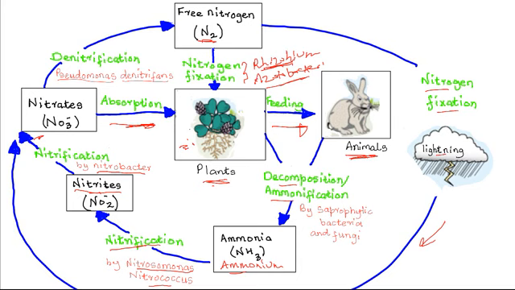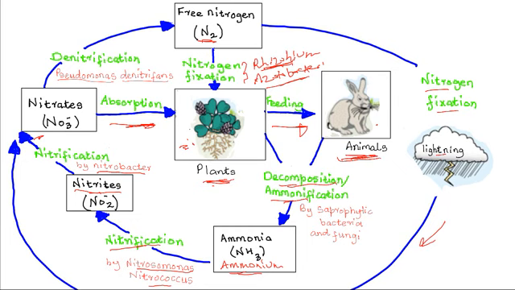These animals then use the amino acids to make their own proteins. Then both plants and animals, when they die, their proteins are decomposed through ammonification. The ammonia forms ammonium compounds, and then through nitrification, the ammonium compounds are converted first into nitrites, then nitrates, and the cycle goes on.